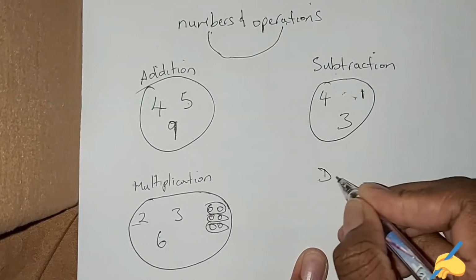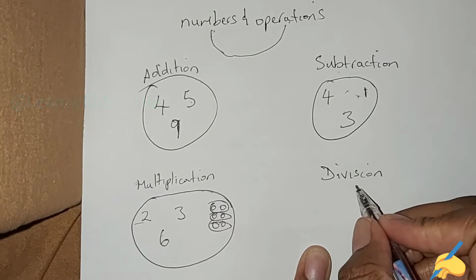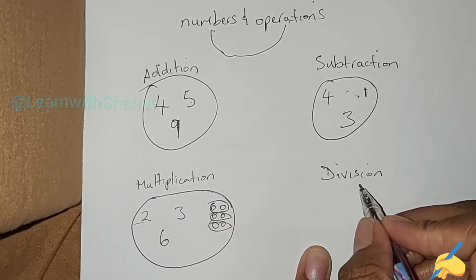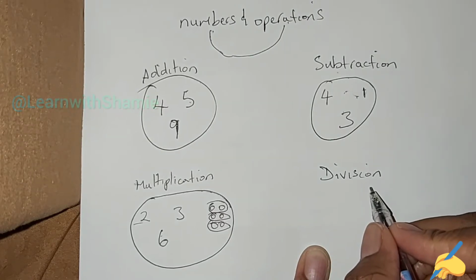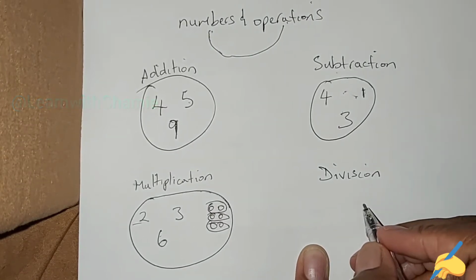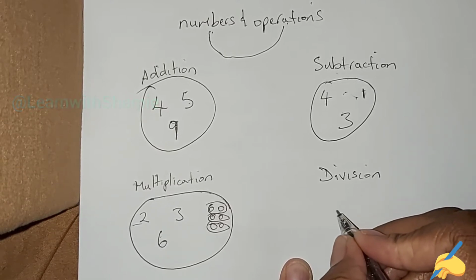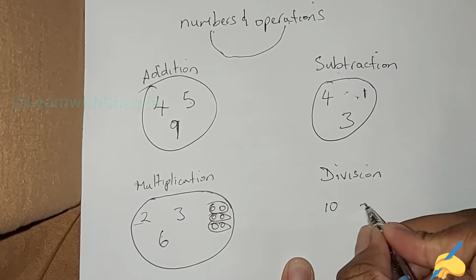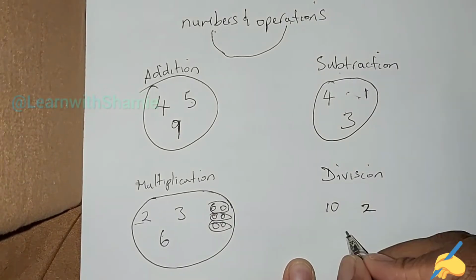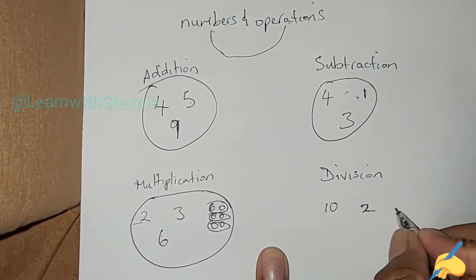And finally, the division operation is what tells us to take a number and divide it into a certain number of equal groups. So we're going to say we divide 10 into 2 groups.